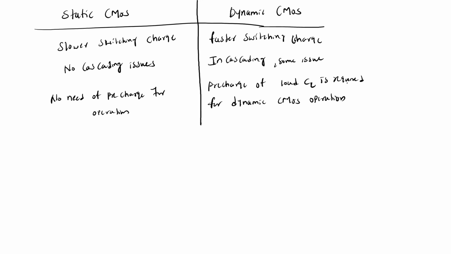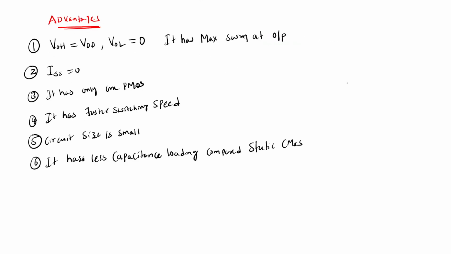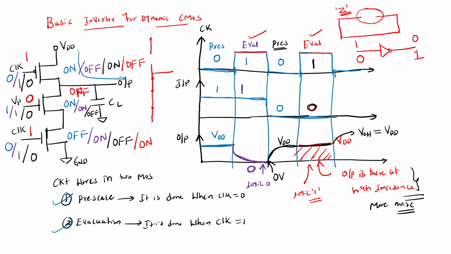So pre-charge means what? In the operation I told you, first you need to charge the capacitor. When clock equals 0, the capacitor will charge to VDD. This is nothing but pre-charge. In the pre-charge you are not getting any output; only in the evaluation you are getting the output.